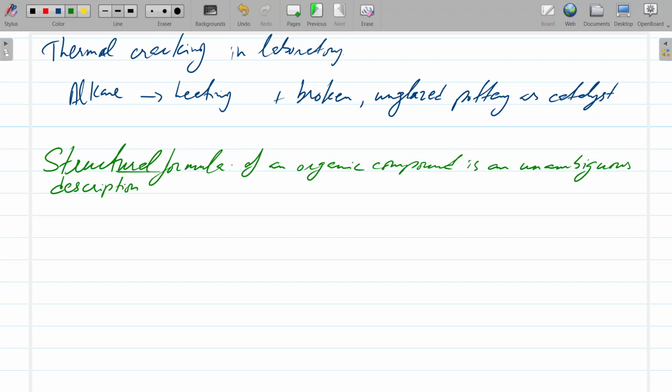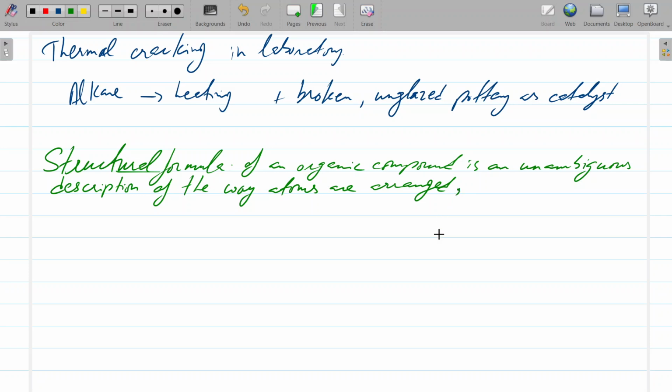It is a very clear description of the way the atoms are arranged, including the functional group.